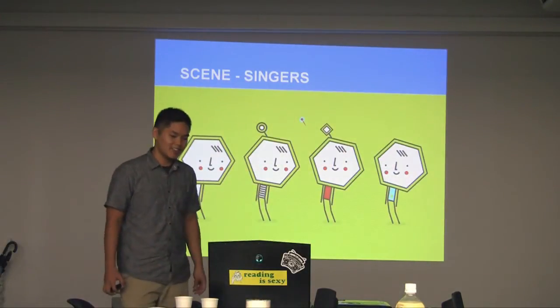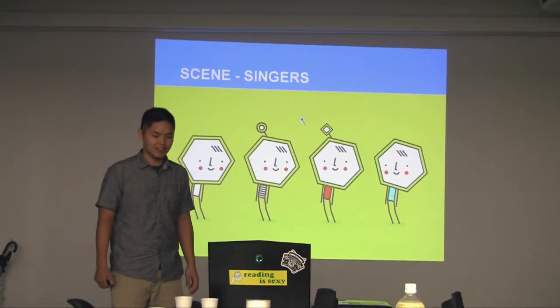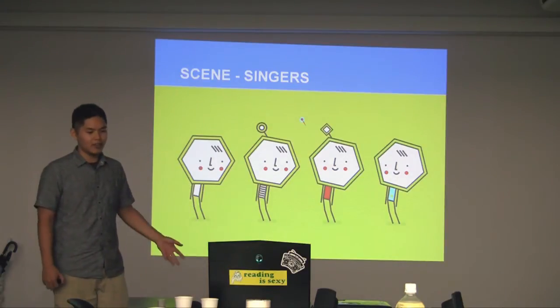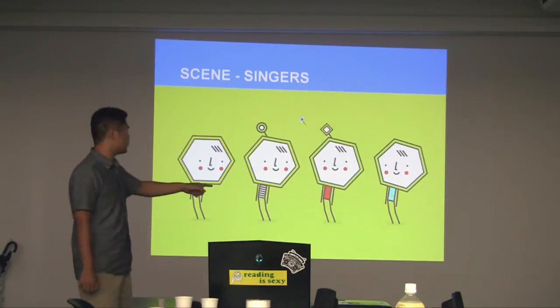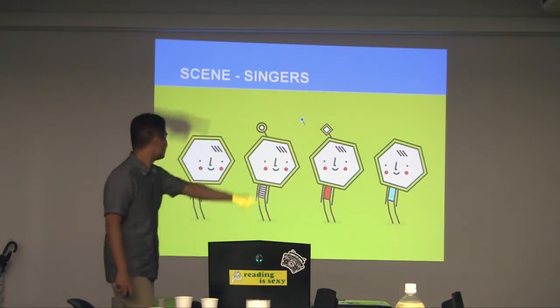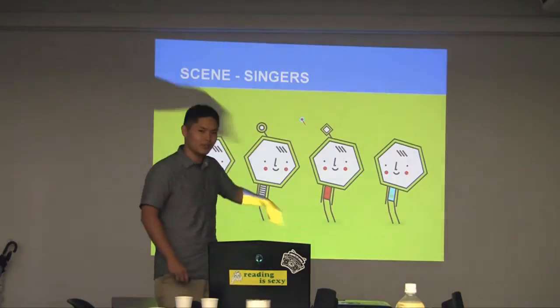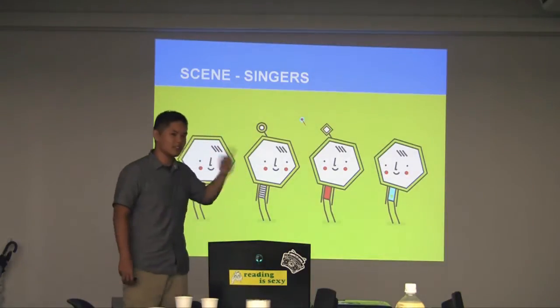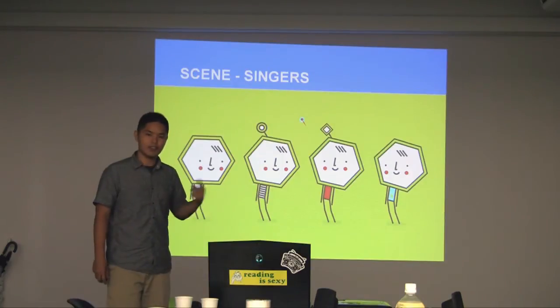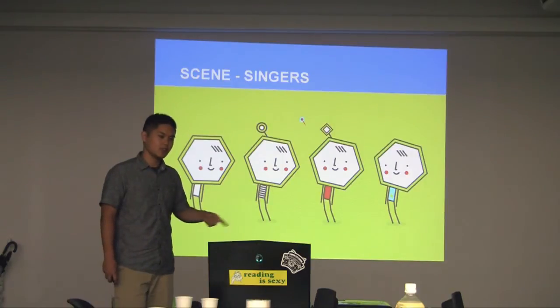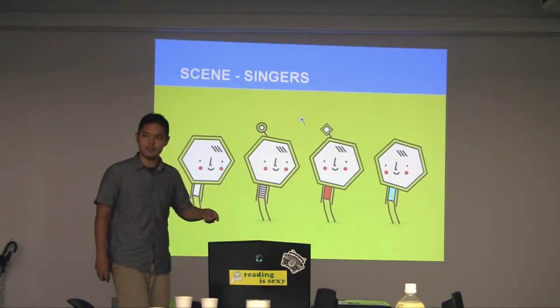The second scene is called Singers, and aesthetically it's more fun, cute, more playful. In the scene there are 4 of these singers, and you spin them with your gestures like this, and you rotate their face. They have this hexagon that just rotates around. As it rotates, it sings, and the faster you rotate it, the higher the pitch.